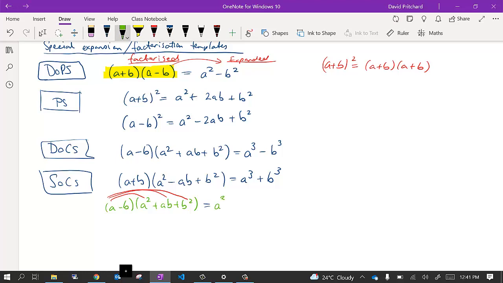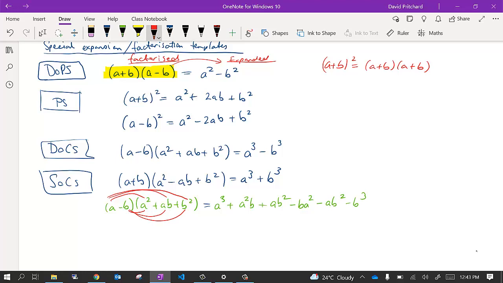So we have a cubed plus a squared b plus a b squared. And now we're going to multiply by negative b, multiplying negative b by each of these three values. And from that we get negative b a squared, negative a b squared, and negative b cubed.